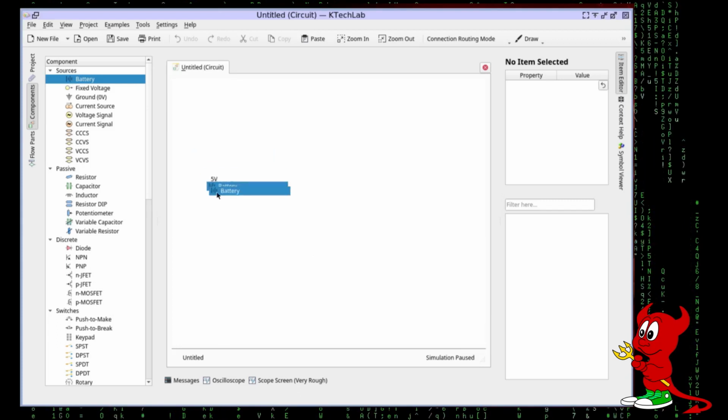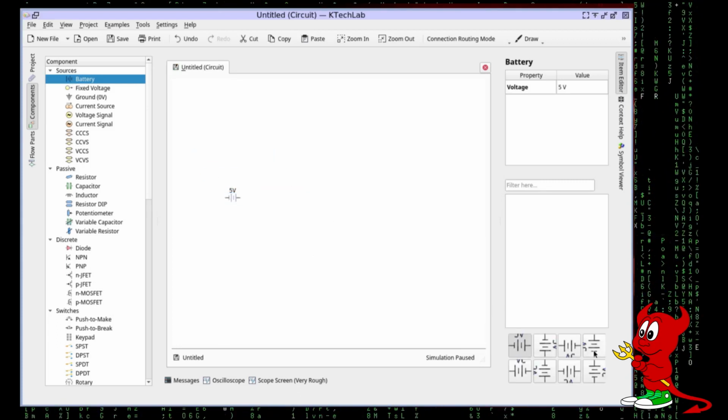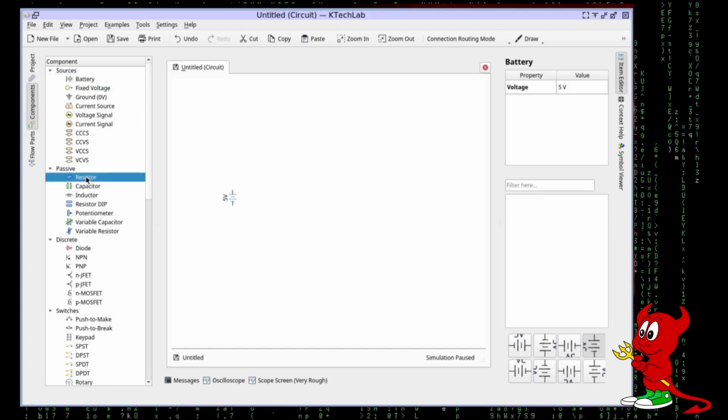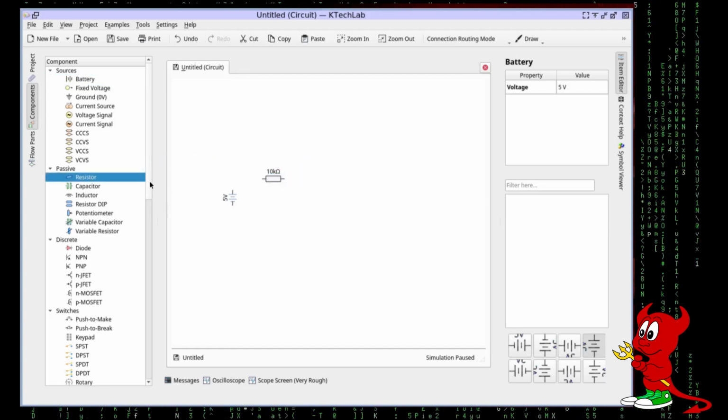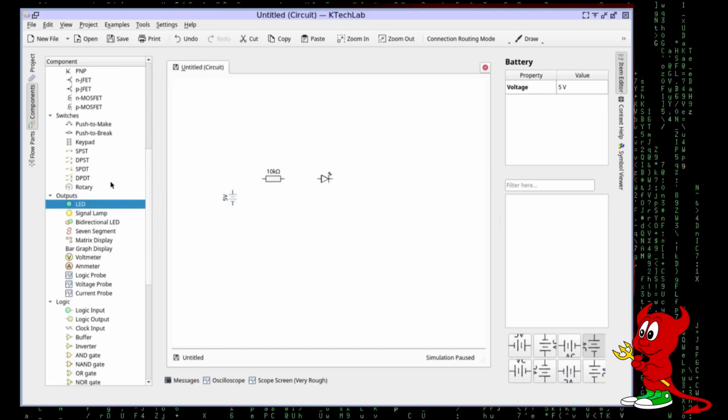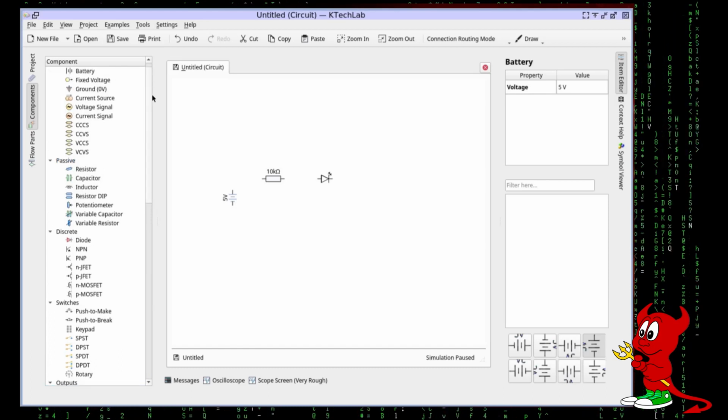For that, we need a battery. We need a resistor. And we need an LED. Also, we need to connect everything to ground.